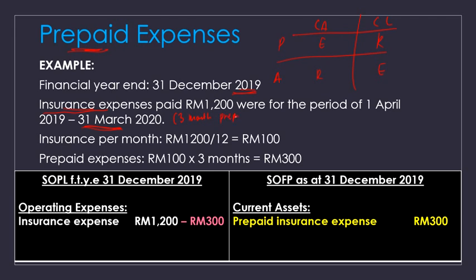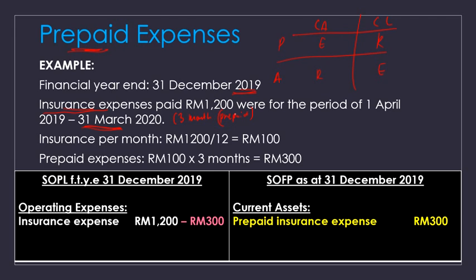So sekarang ni dia cakap insurance expenses paid sebanyak 1,200 daripada 1 April hingga 31 Mac. So kita kira bulan April, Mei, Jun, Julai, Ogos, September, Oktober, November, Disember, Januari 2020, Februari, Mac. So you ada 12 bulan.